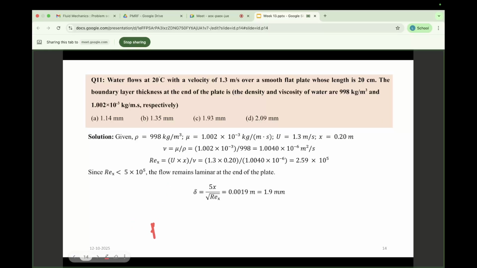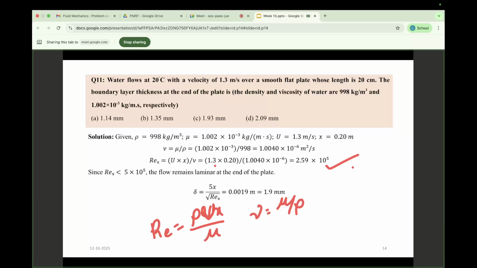What is the Reynolds number? Reynolds number is rho v d or x by mu. Kinematic viscosity nu is mu by rho. So this formula comes. Here the velocity is represented by u. So we just put this value and we will get this much.